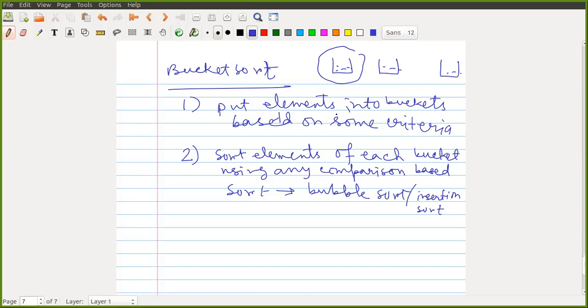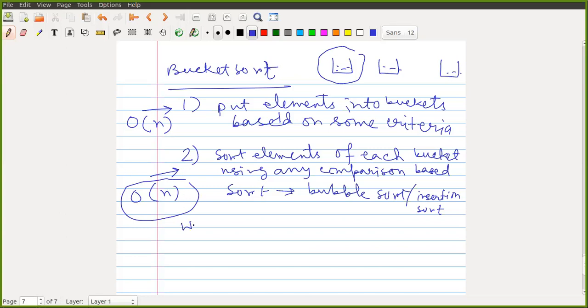The step of putting these elements into buckets takes order n time. As we will show, the total time taken in step 2 is also order n. So in total it will be order n plus order n, which is order n.